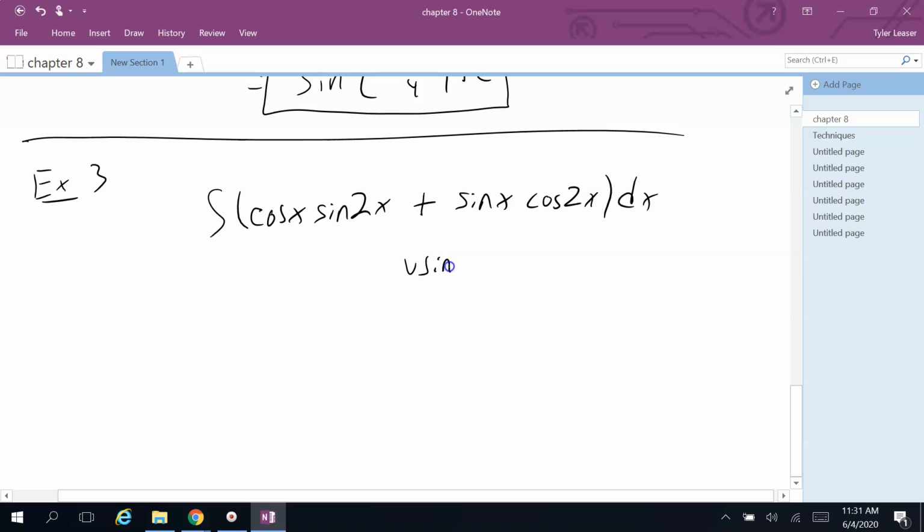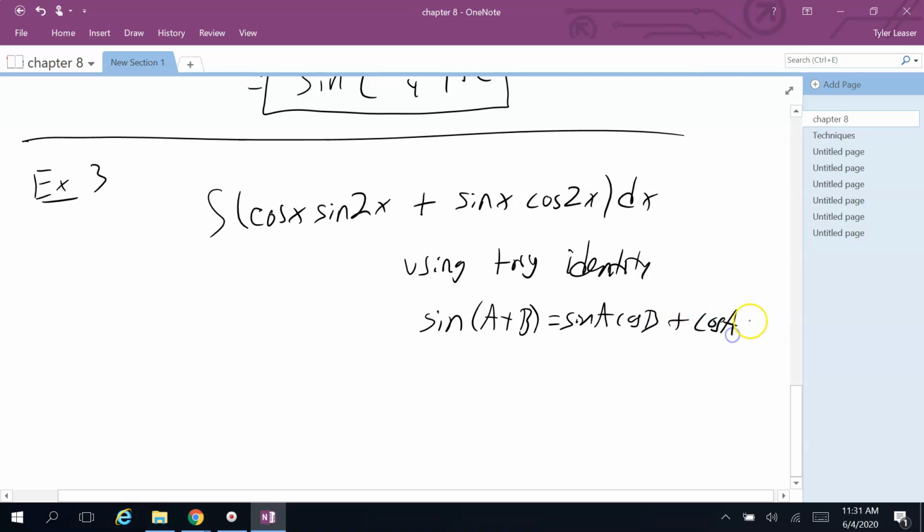So we're going to be using the trig identity, sine, I think it's sine, let me double check. Yeah, sine of A plus B is equal to sine A cosine B plus cosine A sine B. All right, so that's the trig identity that we're going to be using.